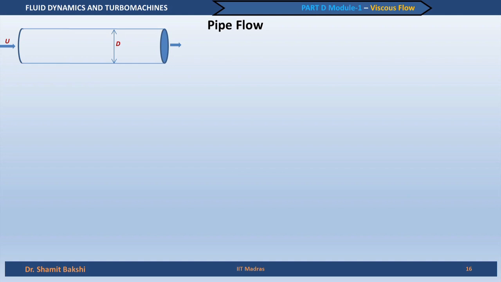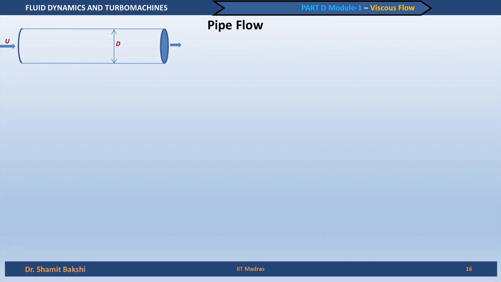In the pipe, this has a lot of engineering applications, because we need to use pipes for transportation of fluids through different lengths. It has household as well as very important engineering applications.